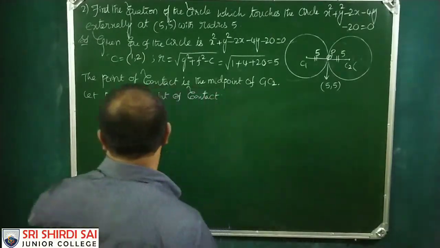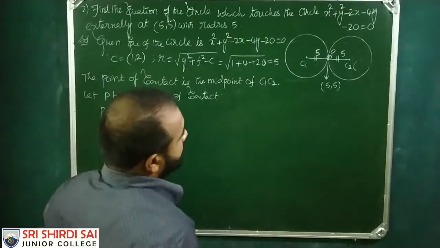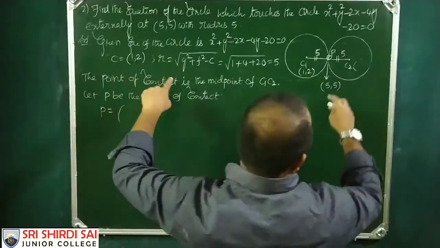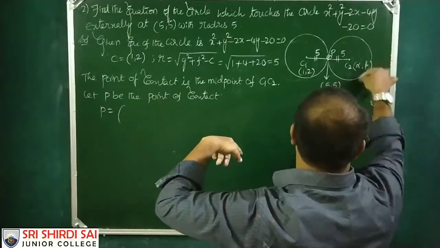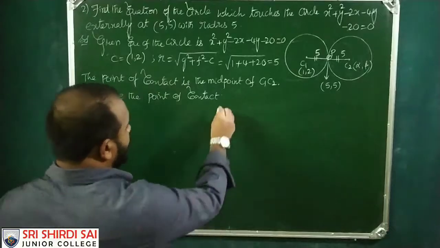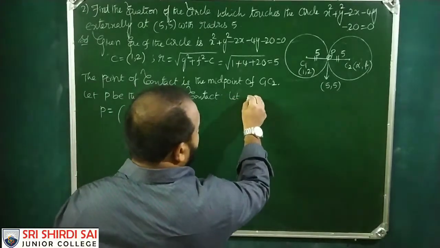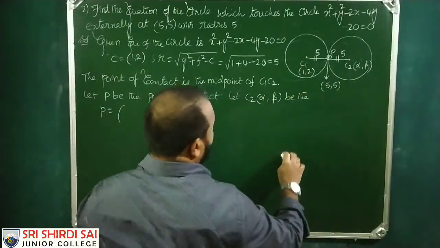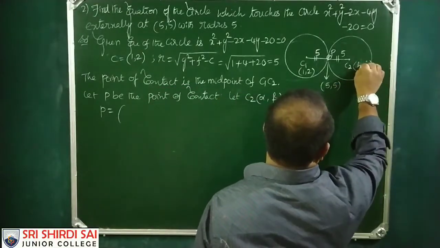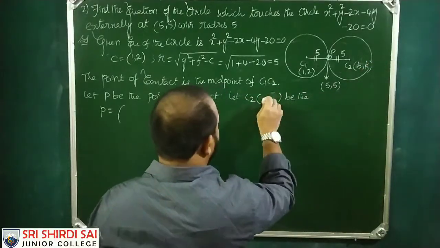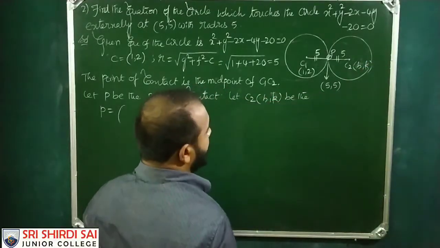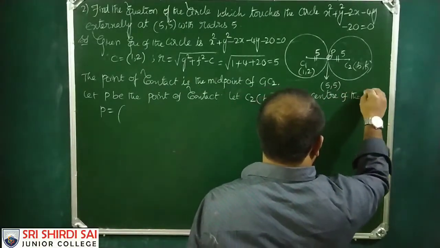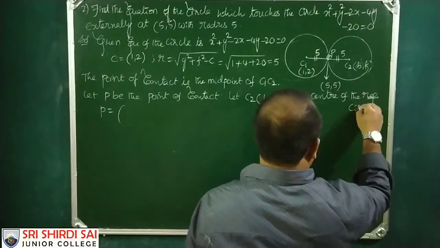So C1 is 1 comma 2, and let C2 (h, k) be the center of the required circle.